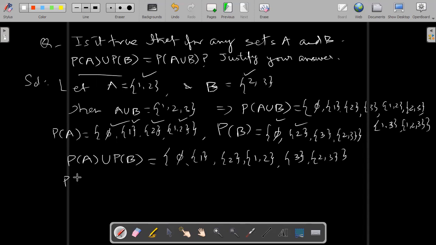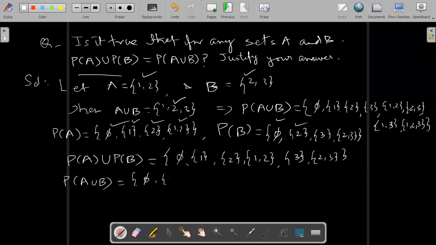Now find the power set of A union B, and A union B is this one. Its power set will have 8 elements, 2 raised to power 3.